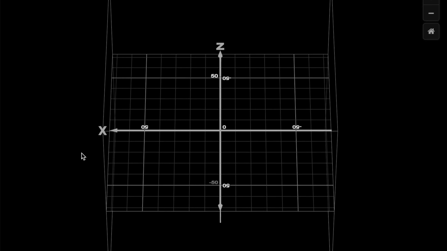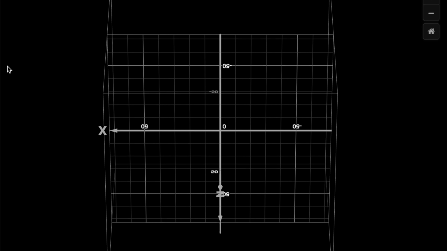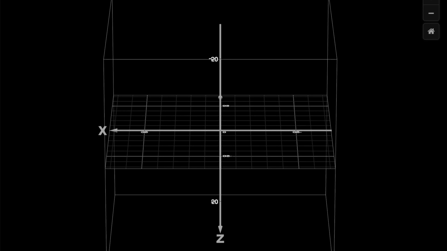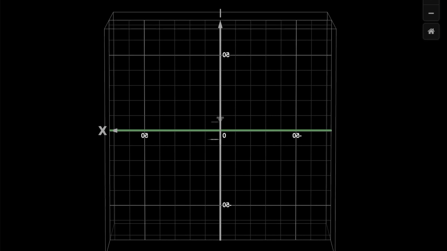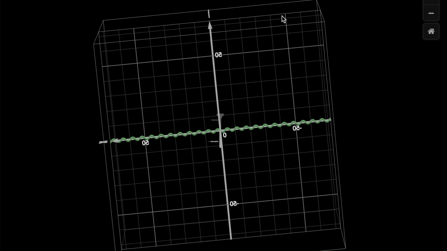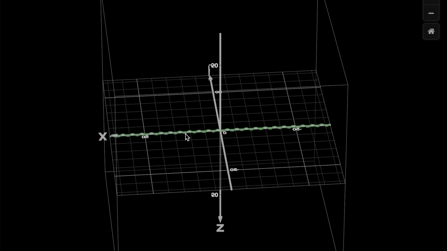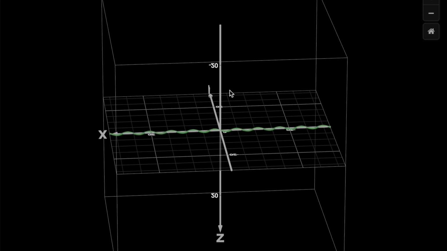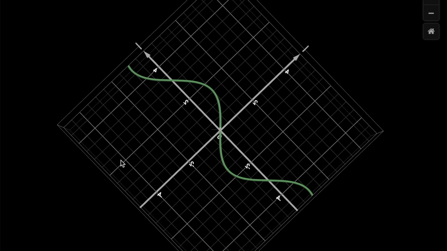Now if you want to visualize the sine wave, here we will visualize the sine wave and this sine wave will look like this one.